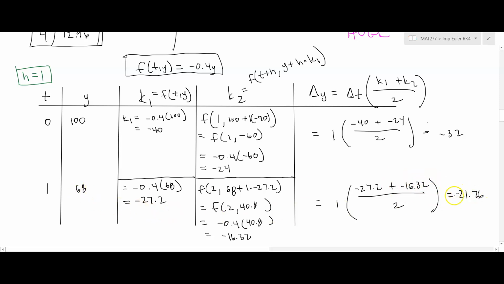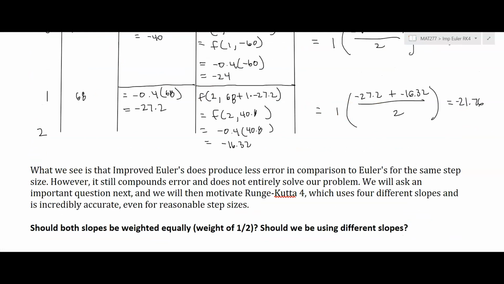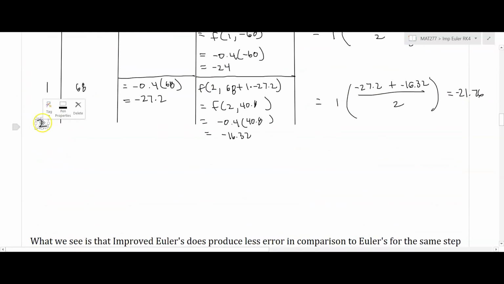So 68 will be decreased by 21.76, and that will come out to 68 minus 21.76, which gives us 46.24.